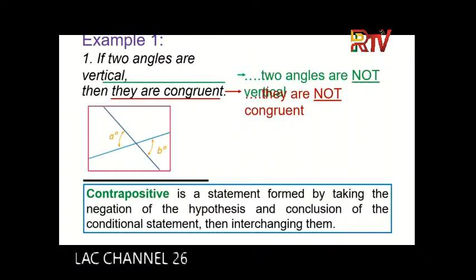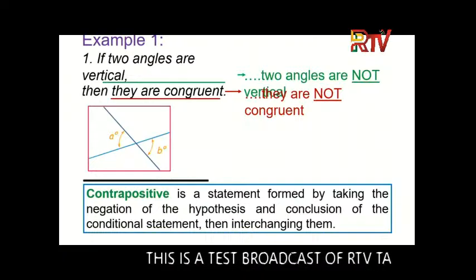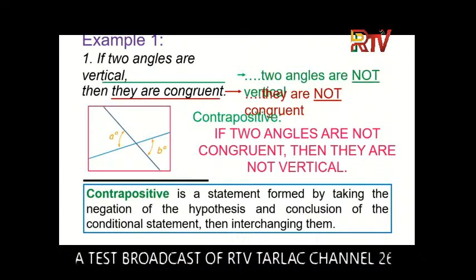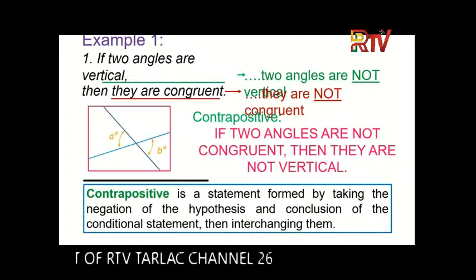This time, we combine those two negations, and the result is the contrapositive statement. We have now the contrapositive statement, which is, if two angles are not congruent, then they are not vertical.